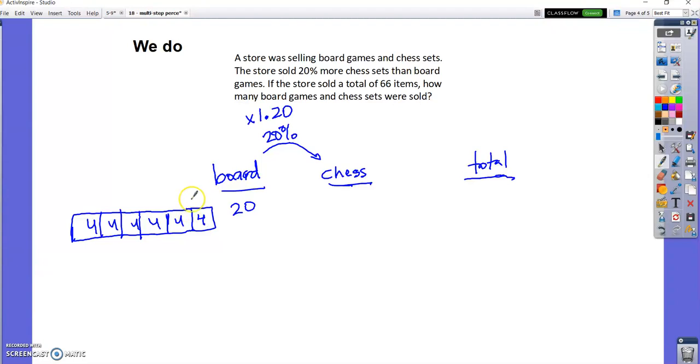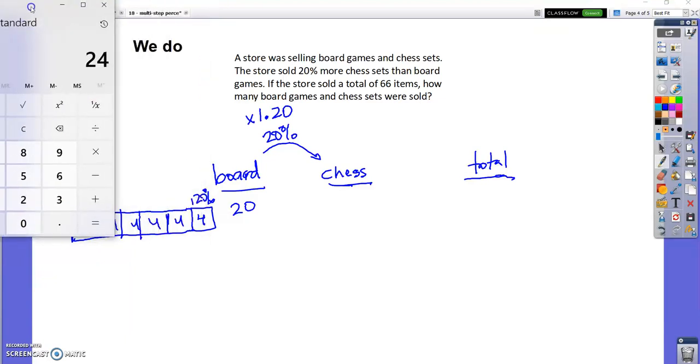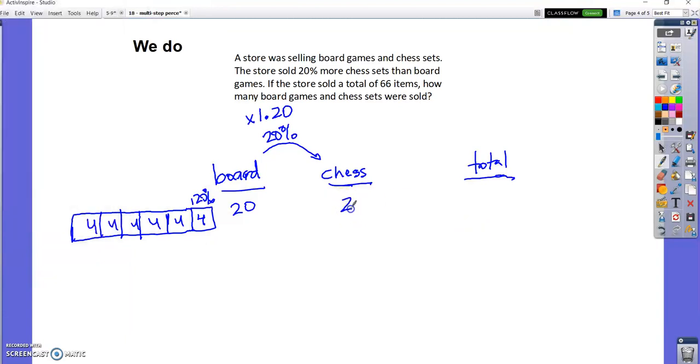That'd be like 100, the 20% over 100. And I'll verify that with a calculator. 20 times all of them, and 20% is 4 more. So 24. Which means if I did that all together, I would have sold 44.